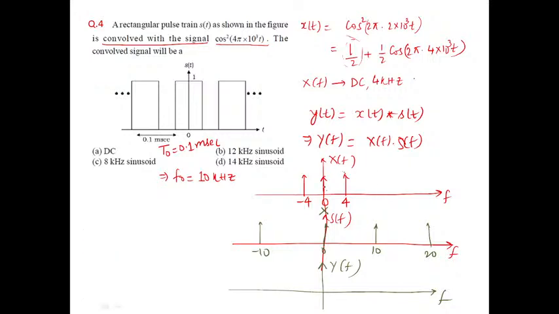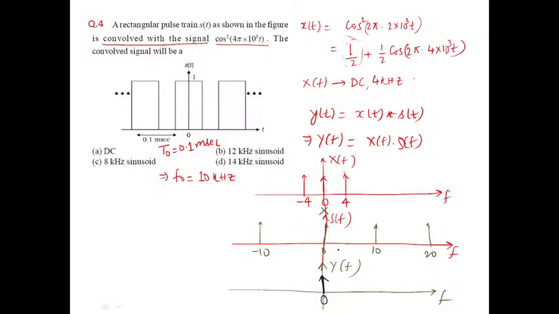Now this 0 component, the DC component, will get multiplied with the DC component of XT, which will get multiplied with the DC component of ST. So we will be having one DC component for YT. Now this 4 kilohertz component, the value for SF at 4 kilohertz is 0.